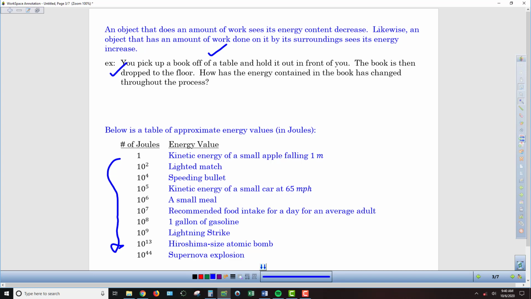But you can see there's some perhaps surprising pieces of information here. A small meal is on the order of 1,000,000 joules, whereas a speeding bullet is only carrying the energy of about 10,000 joules. So that's just a point of reference to give us a sense of what the energy or potential energy contained in various objects looks like.